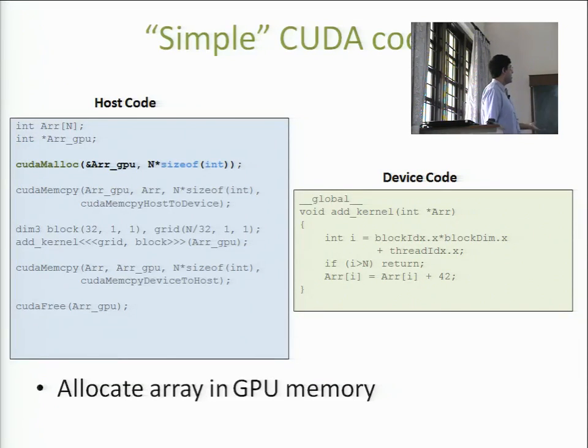So you make a call to allocate GPU memory, the equivalent of your malloc. Your video memory on the GPU is disjoint from your CPU address space, and there you're saying, give me a buffer of size n that can hold n ints.